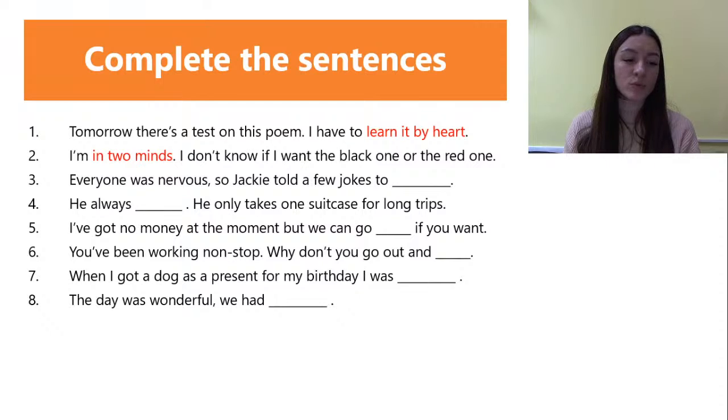Number 3, everyone was nervous, so Jackie told a few jokes too. Absolutely. That's right. To break the ice. Well done. Number 4. He only takes 1 suitcase for long trips.